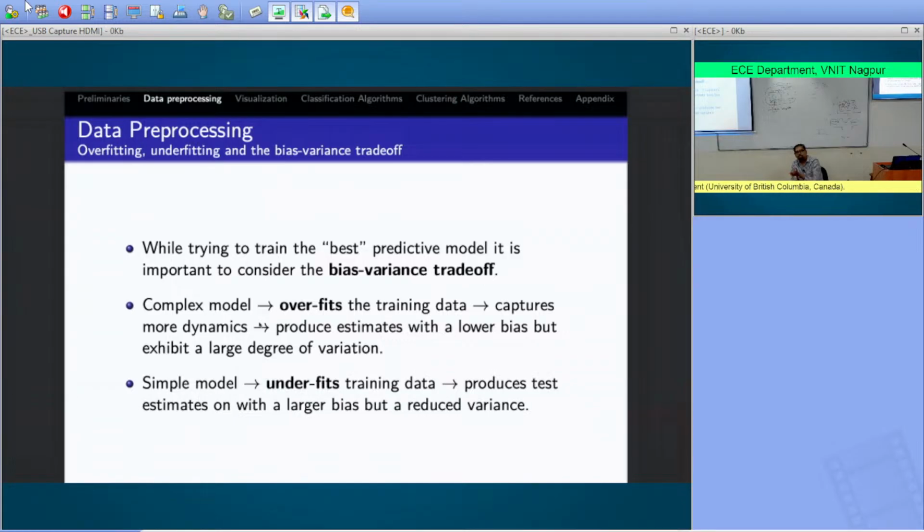Oh, I see. So you're talking about K-fold validation, I think. Okay, yeah. I think I have a slide on K-fold validation. Sometimes there are different models, say neural networks and something else and something else, and you want to compare their performance. Then you use something called K-fold validation, where you split your data set into K different pieces, and then you build models on each of those pieces.